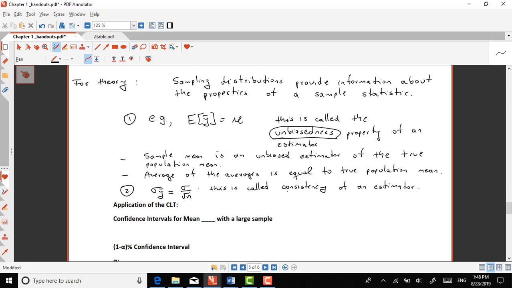So it's called consistency since the distribution of y gets concentrated around mu as n goes to infinity.